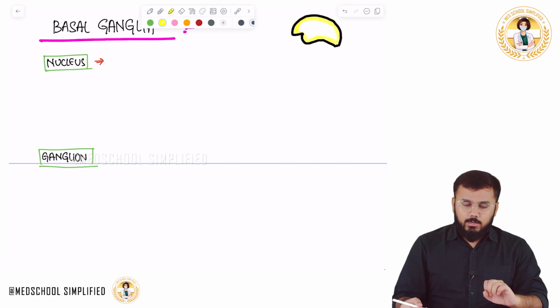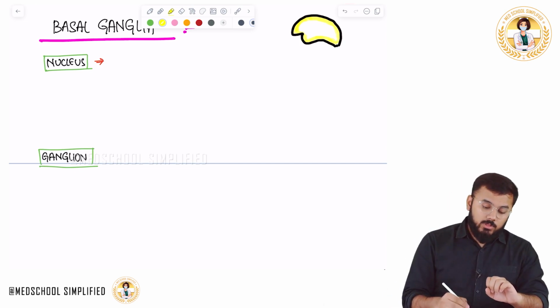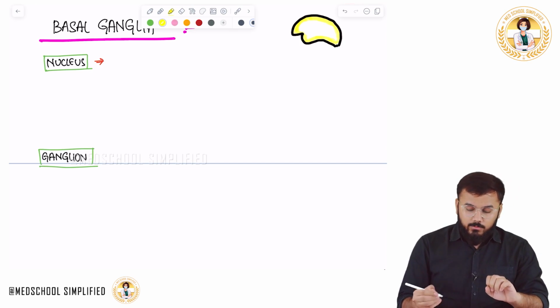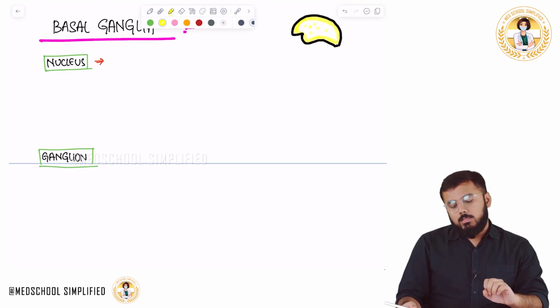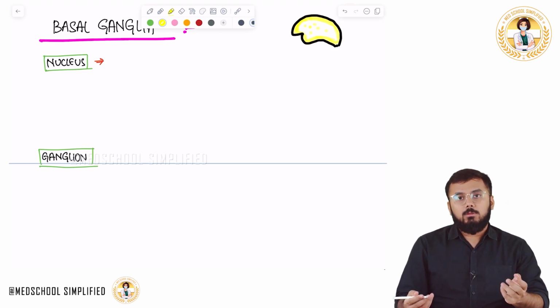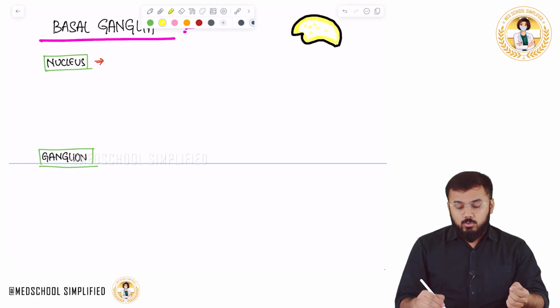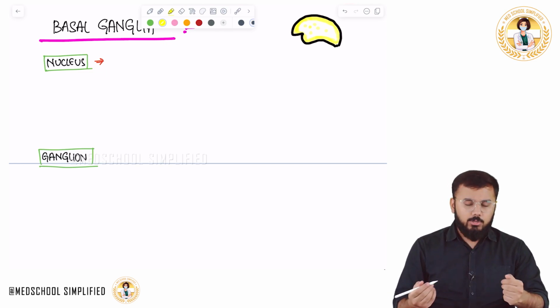Outer will be the gray matter, inner will be the white matter. Now within the white matter also, you see there are some yellow color dots which I'm drawing. These yellow dots are nothing but gray matter. So there are small pieces or small masses of gray matter distributed within the white matter. These masses are what is called your nucleus.